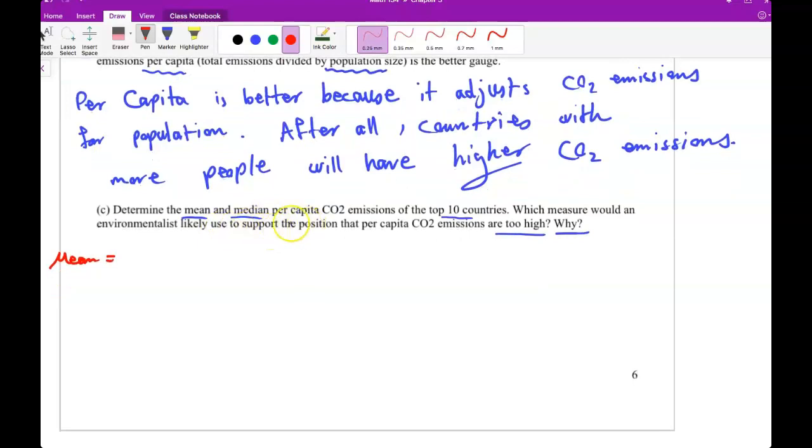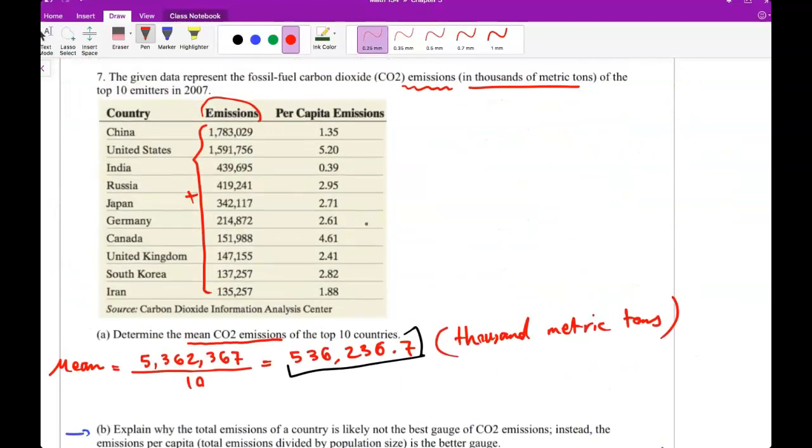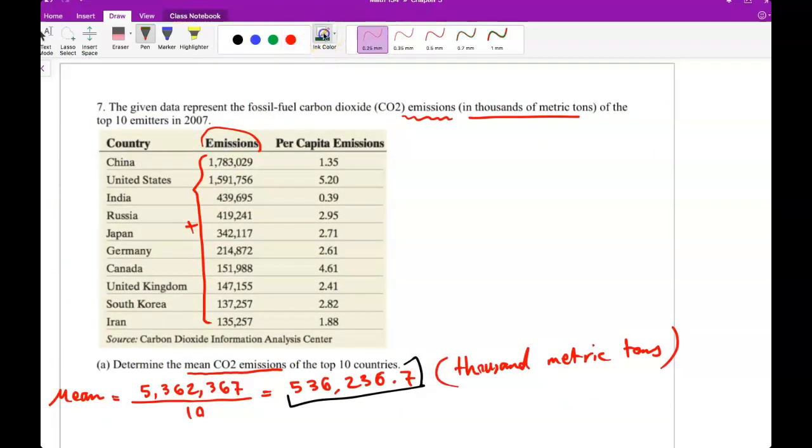On this part we have per capita emissions. We're going to use these data. Adding all these numbers, here is 26.93.